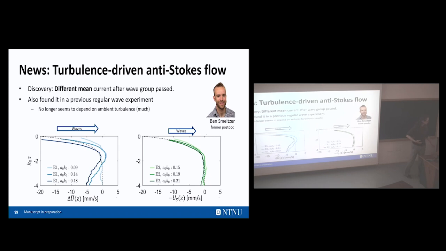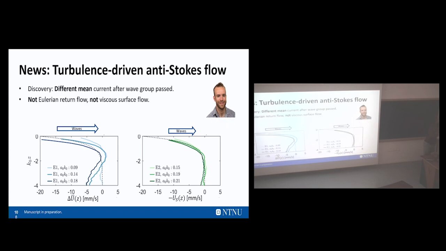So it's relatively well converged statistically, I should really have the standard deviation of things. But now, different from the wave groups, these things no longer really depend so much on the turbulence that we send in. It seems to have reached some kind of saturation level.